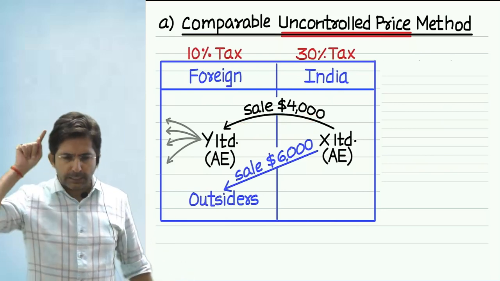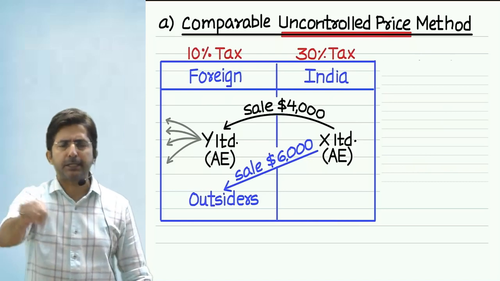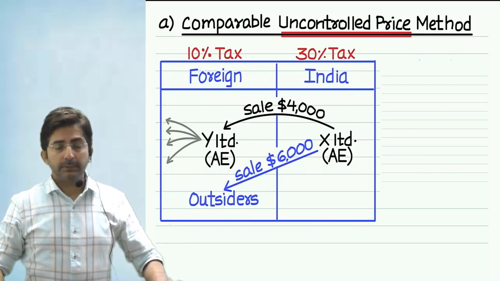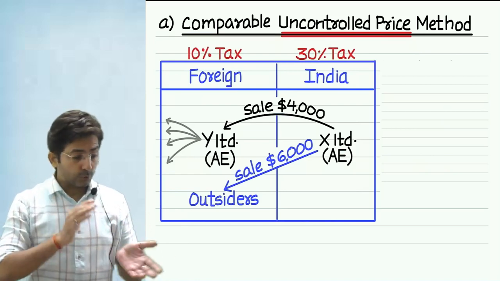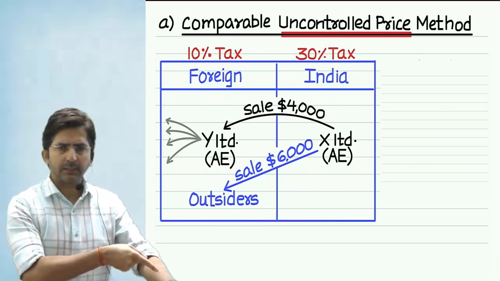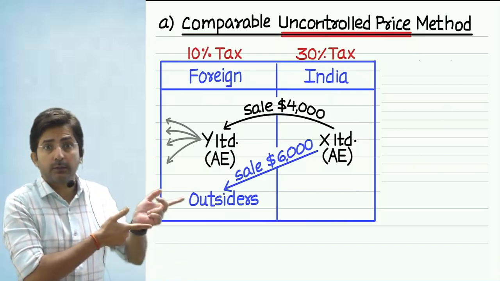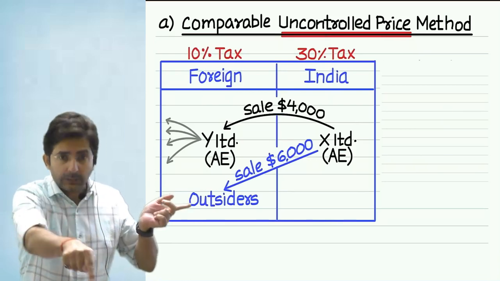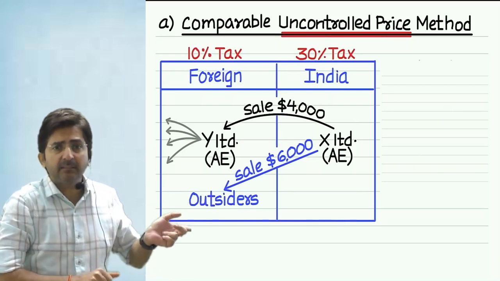You have shown the selling price less, cheating. So try to give some excuse. I am comparing: you have sold the same product, let's assume the product is mobile or laptop, for 6,000. But to Y Limited, you are associated, you are selling for 4,000. You are showing less, cheating.